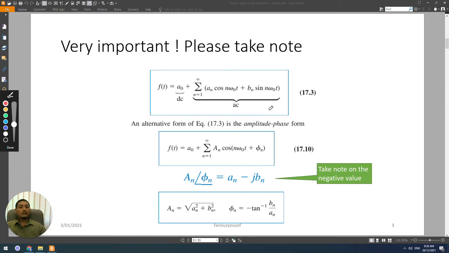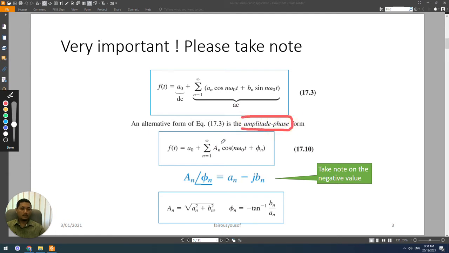We also have an alternative form, or another way of representing the Fourier series, which is this one. So this is also Fourier series, but it is based on the amplitude and phase values.